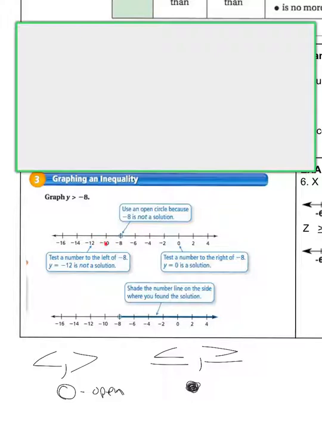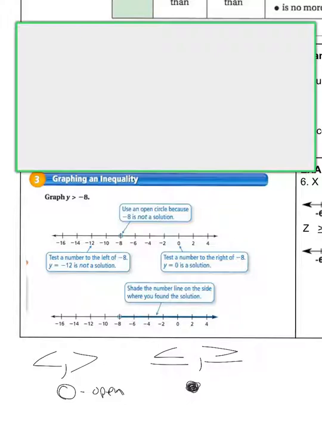Is -10 greater than -8? No way. I would definitely rather have -$8 than -10 because -10 is less money. But we're saying y is greater than -8. So then I look to the right. Is -4 greater than -8? Yes. So I know that my arrow goes that way.